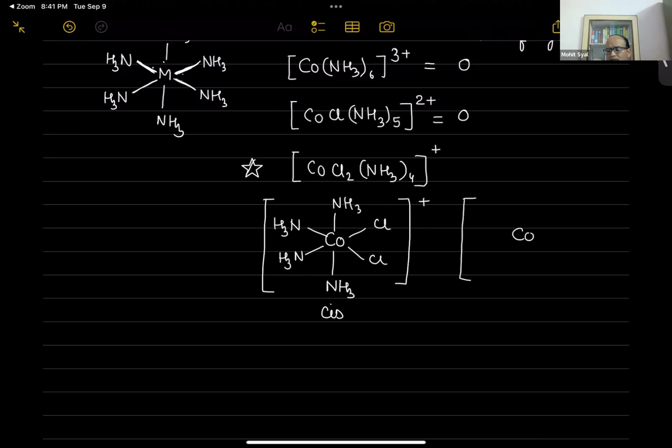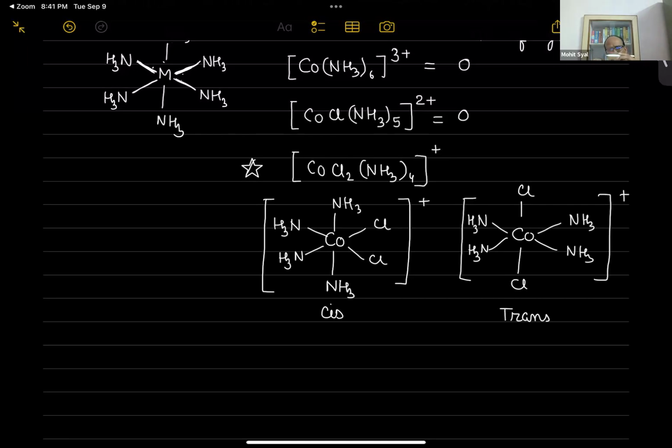what about this one? This is the most convenient way of showing a trans arrangement, where you put one ligand at the top and another at the bottom. But not only top and bottom, you can put them like this also, one here at 180 degrees.